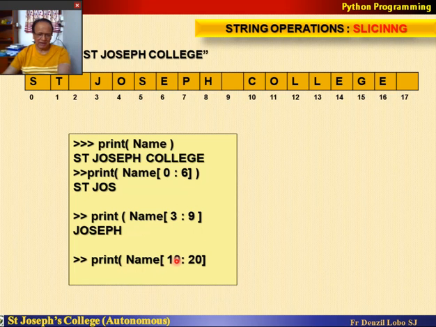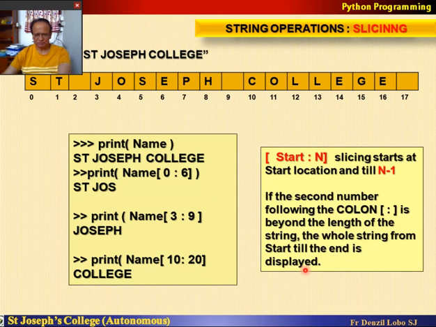Similarly, print name 10 to 20. 20 is out of range, so it is going to print whatever is there up to the end of the string, college, though you have given more than the index of the string. So it gives you college.